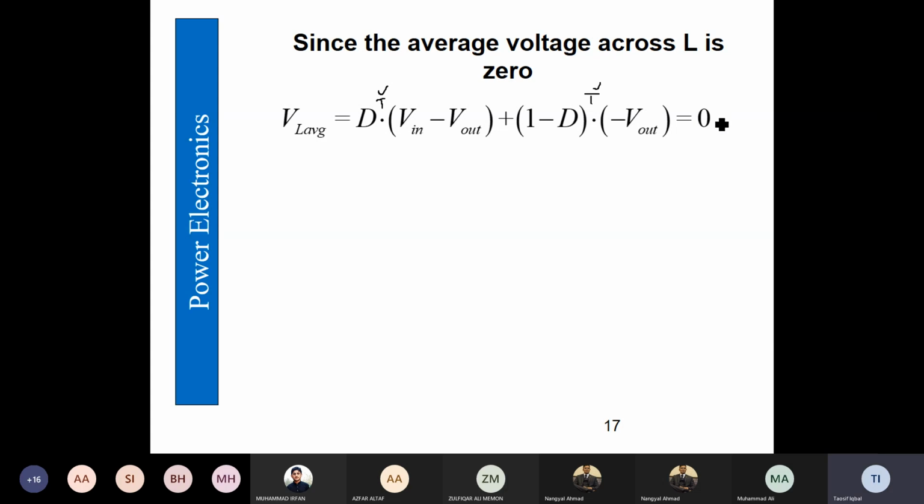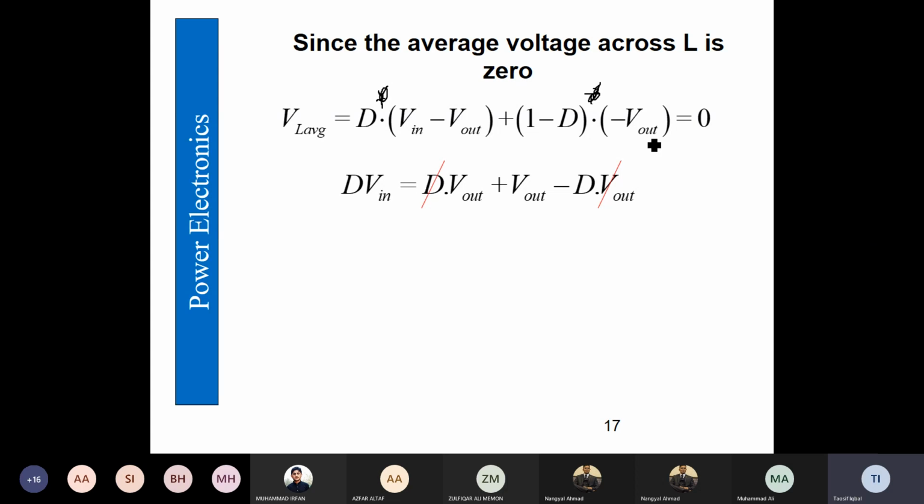So this can be divided on the other side, and therefore we don't need time over here. So remaining is the duty cycle times V in minus V out, and the off time, duty cycle 1 minus D, is multiplied by minus V out.